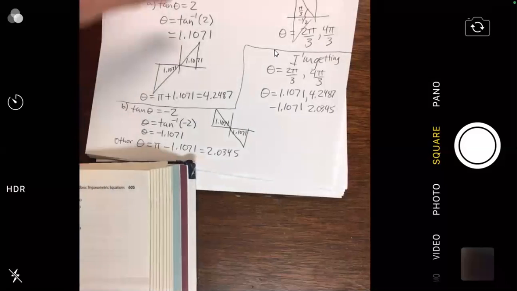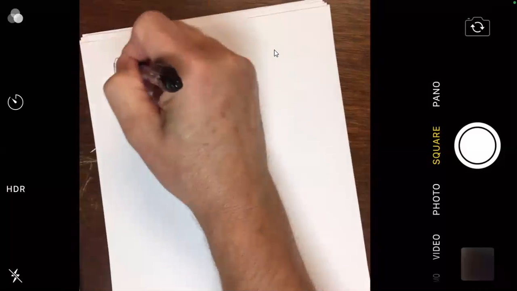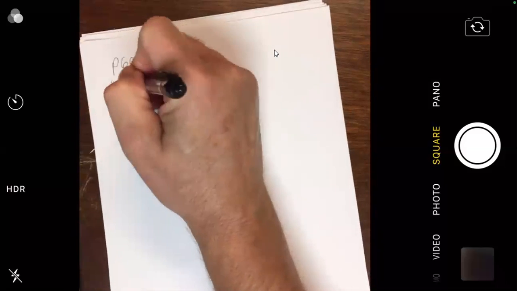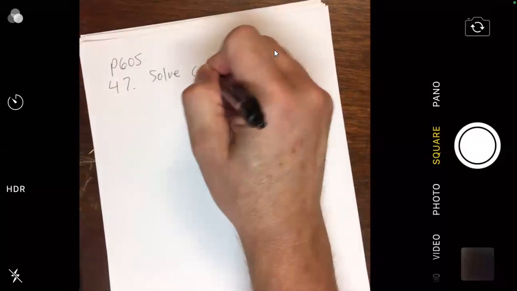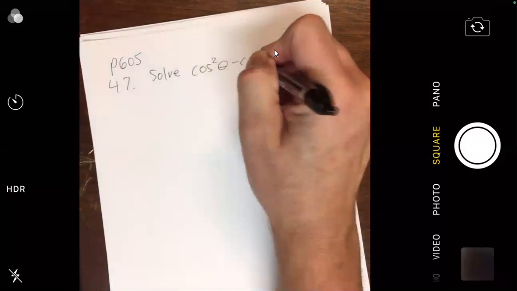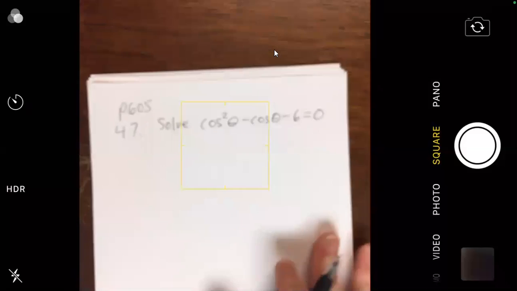Let's try 47. We'll make that our last one because we really should get on to 7.5. This is when you're going to have to factor. So 47, solve. Cosine squared theta minus cosine theta minus 6 equals 0. Hope you recognize your pattern.